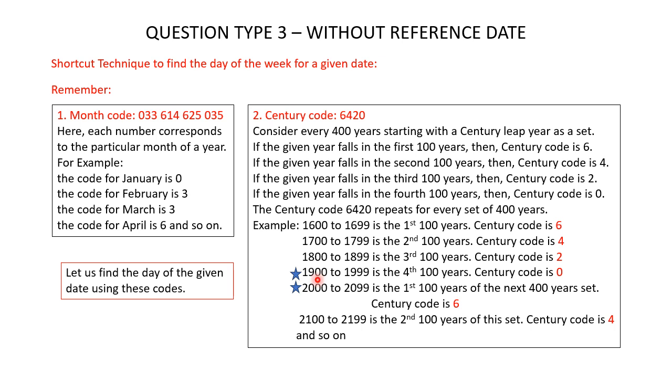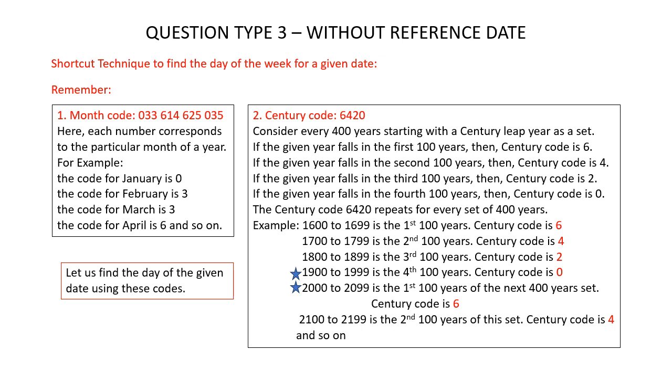Any year falling between 1900 to 1999 will have a century code as 0. 2000 to 2099 is the first 100 years, and any year falling between 2000 and 2099 would have a century code as 6.